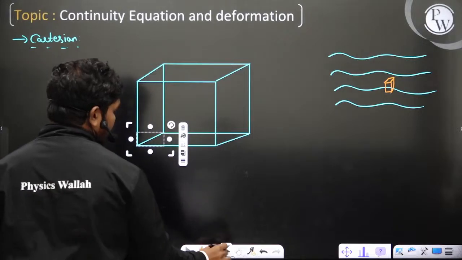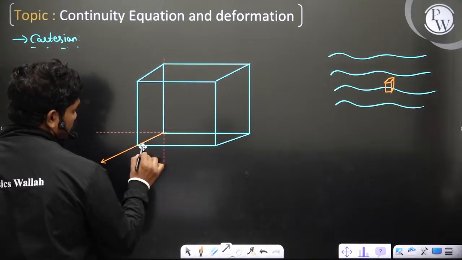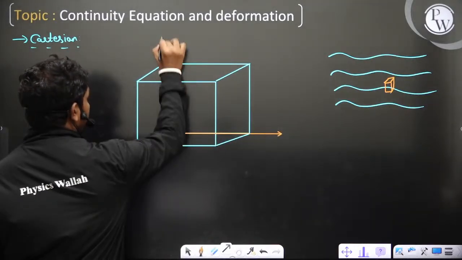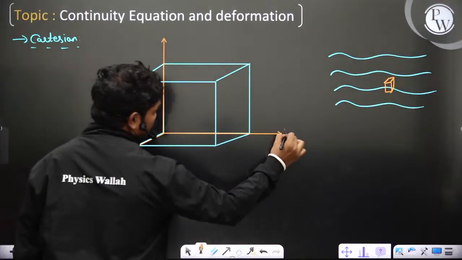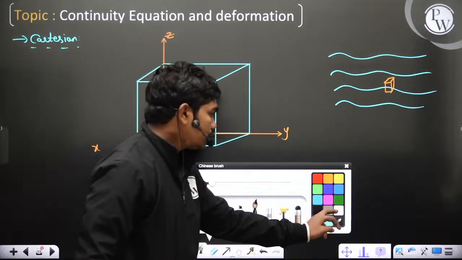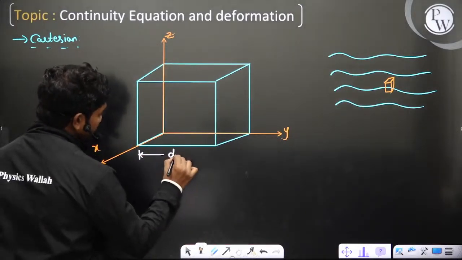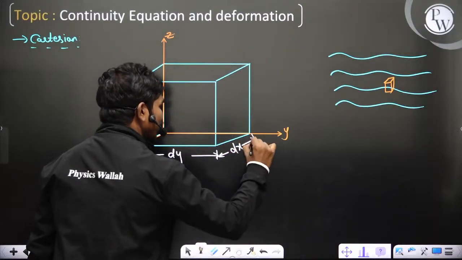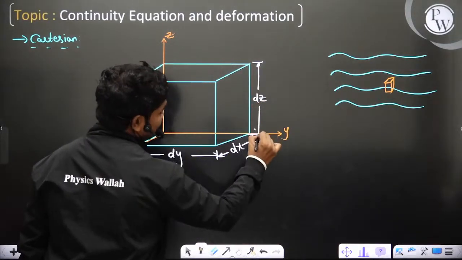Let's see, you have x, y and z. This is x, this is y, and this is z direction, for example. And let us suppose the small element has this length dy. It's a simple equation, actually nothing to worry. So this is dx and this is dz actually.